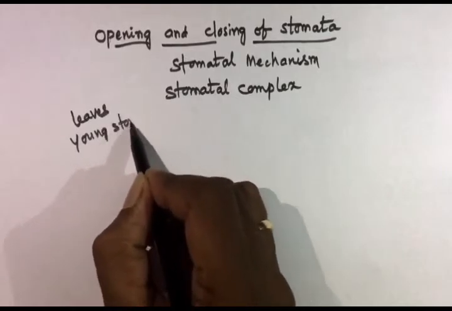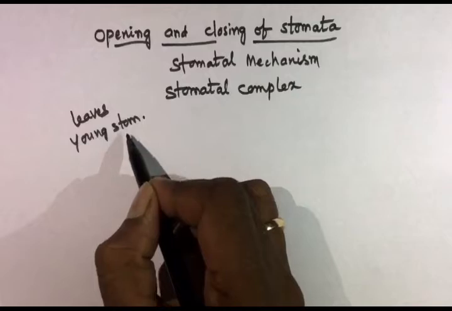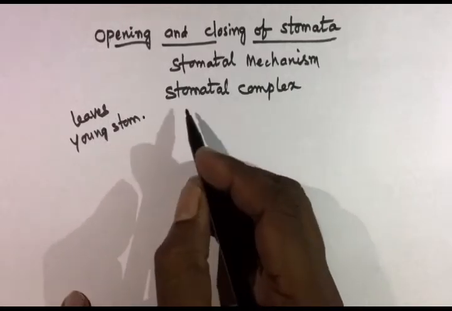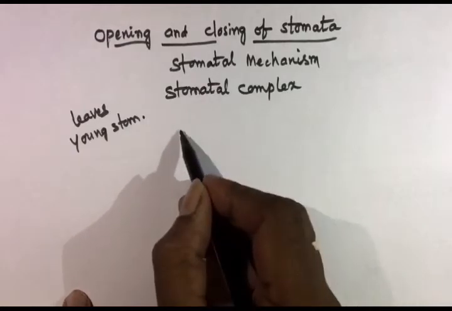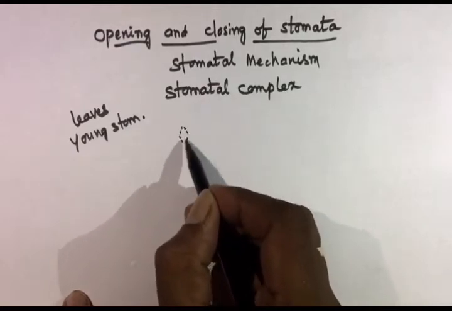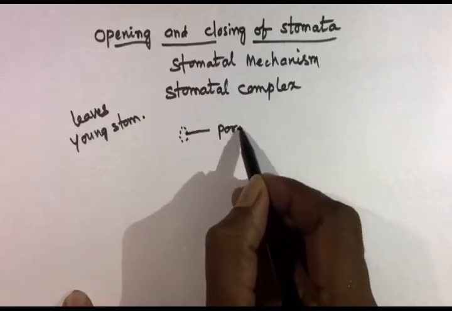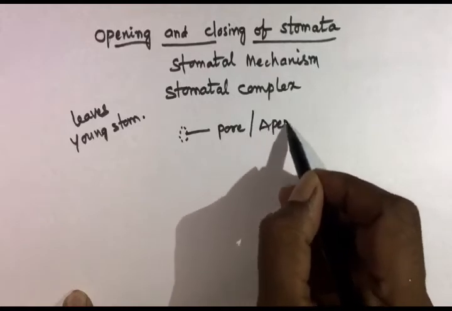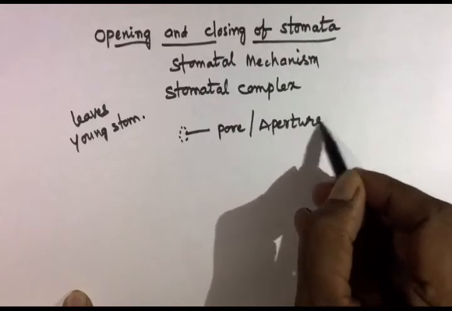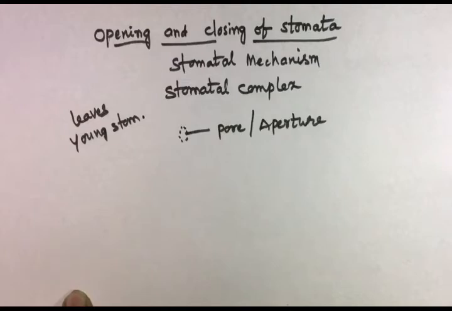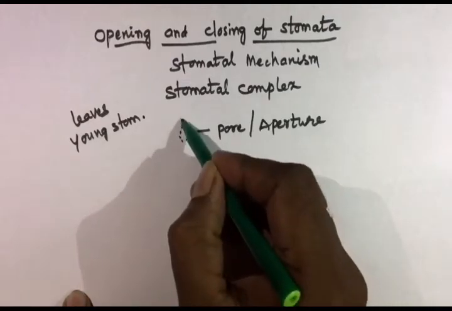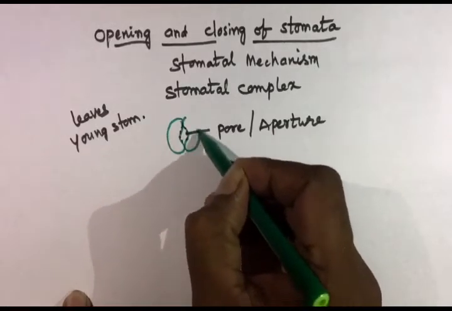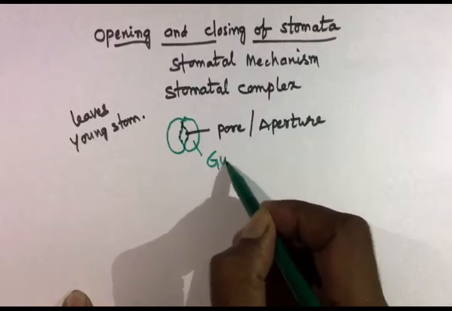In each stoma we have a pore, also called an aperture, and this pore or aperture is surrounded by two guard cells.